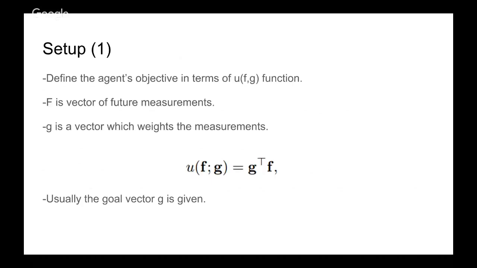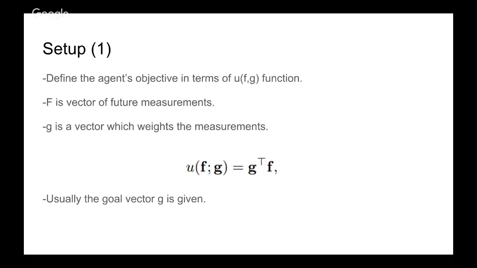You define the agent's objective in terms of a function of the vector of future measurements, as well as what they call a goal vector, which is some weighting over the measurements.